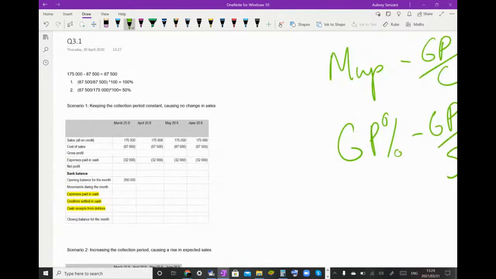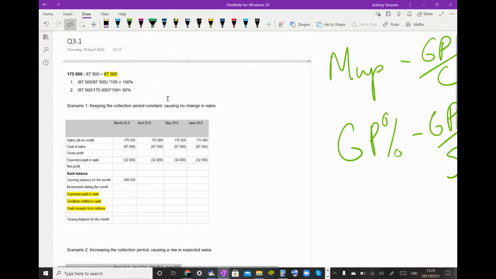In order to do that, what do we need to do? We need to take our sales revenue, which is 176,000. I'm looking at the March column, 2008. Then we take our cost of sales and deduct that from the revenue, and we get our gross profit.